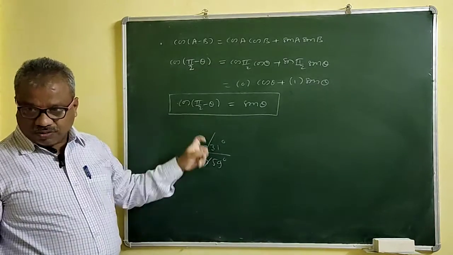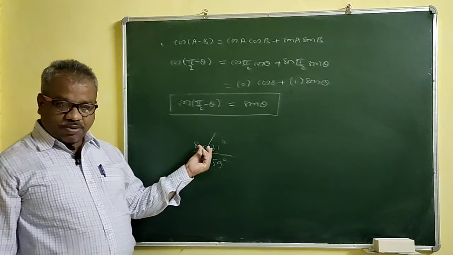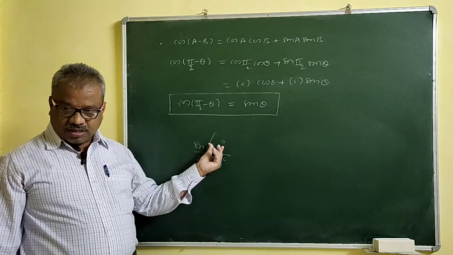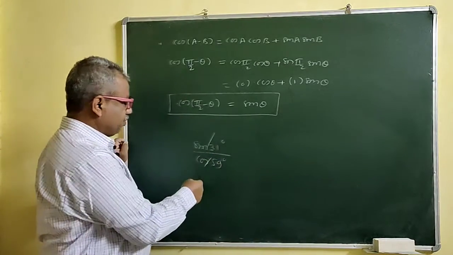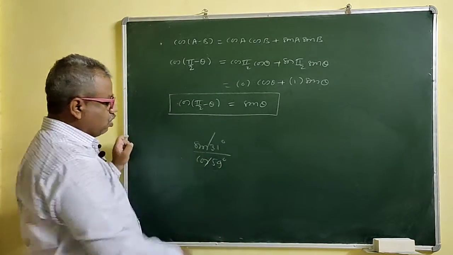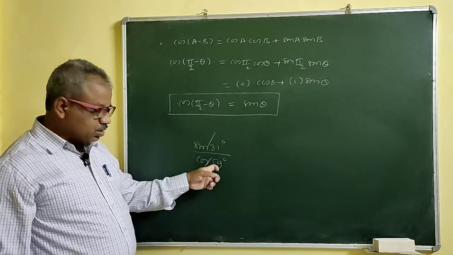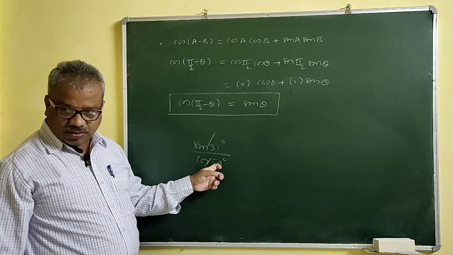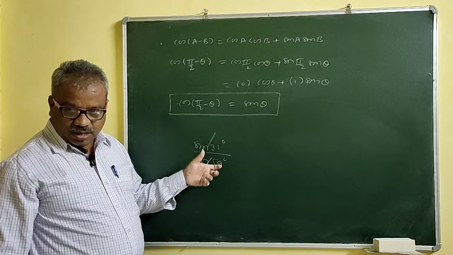So this formula is used for this one. For competitive exams you have to take care of this. Suppose we get somewhere sin of 31, so that means cos of 59 will be there. So you may write cos 59 somewhere then.